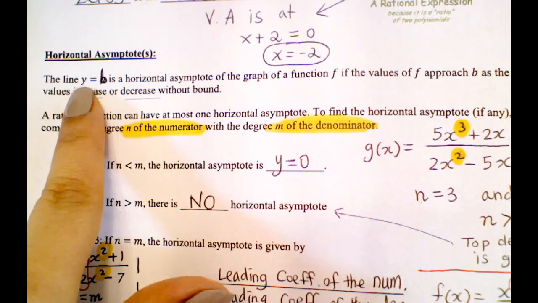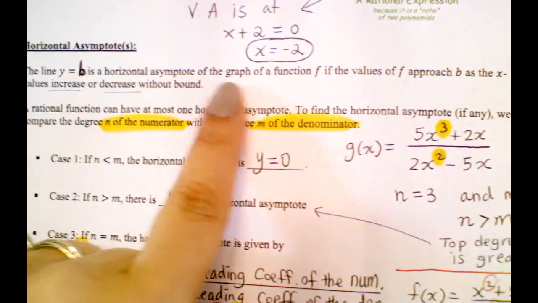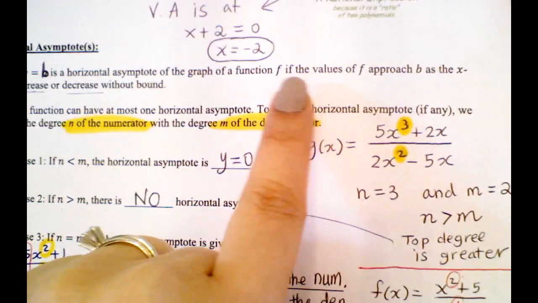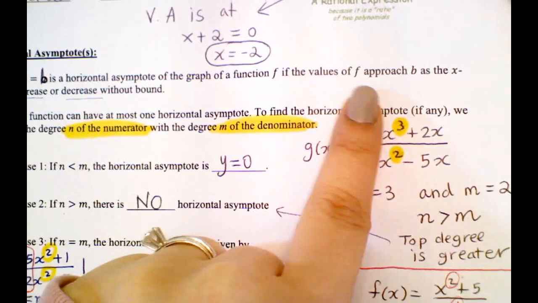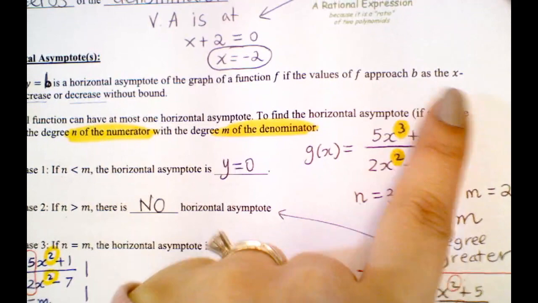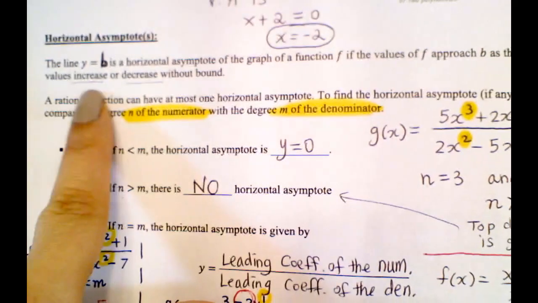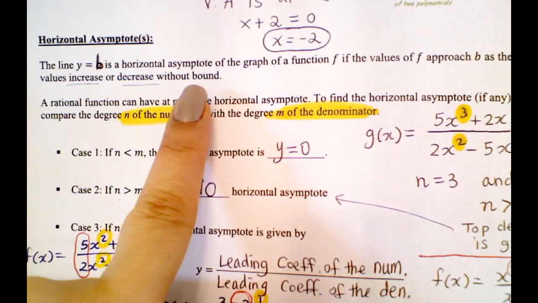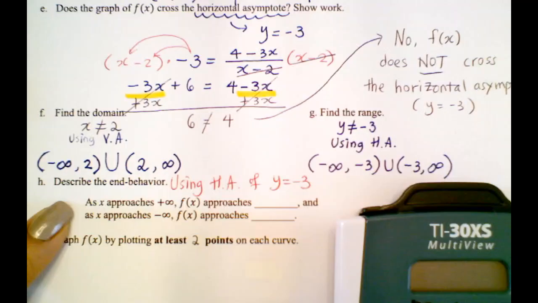The line y equals b is a horizontal asymptote of the graph of a function f if the value of f approaches b as x values increase or decrease without bound. Now read this part very carefully. And this is exactly what I'm asking for with end behavior.